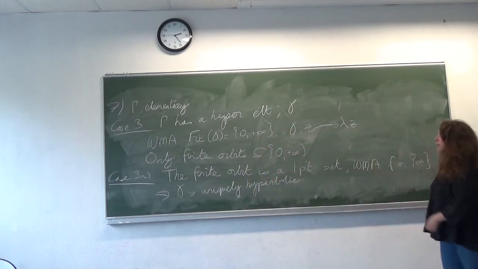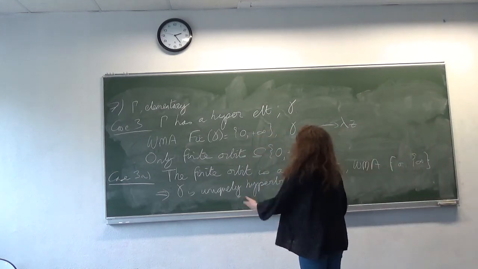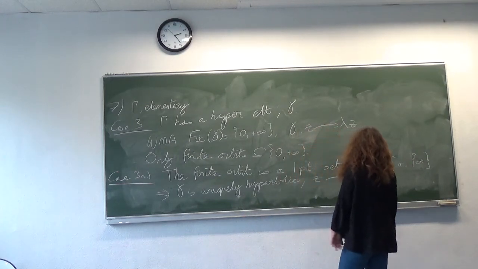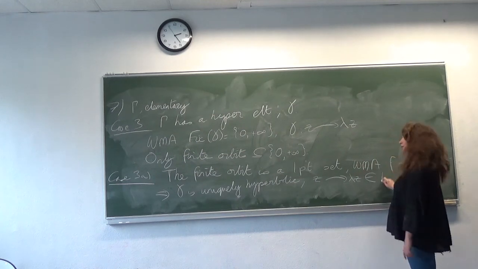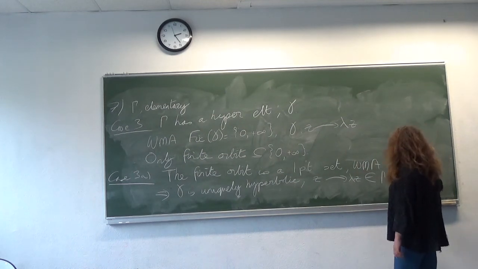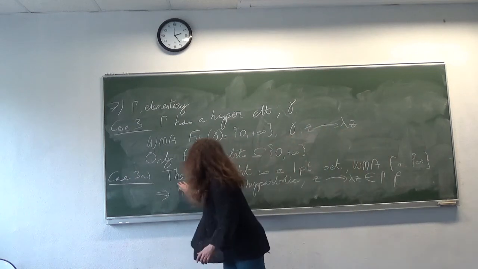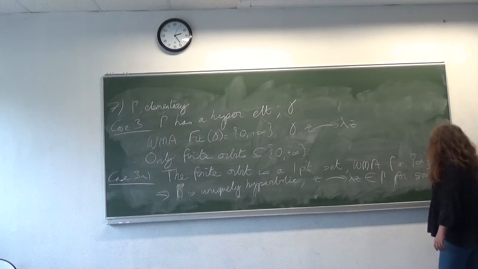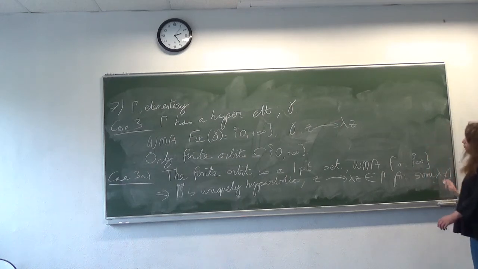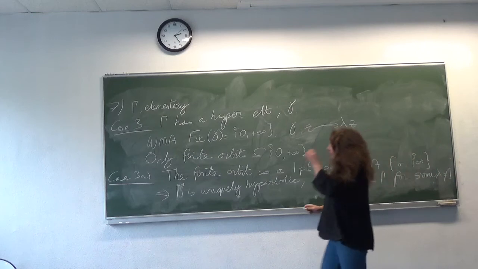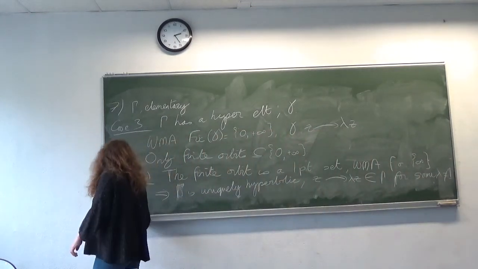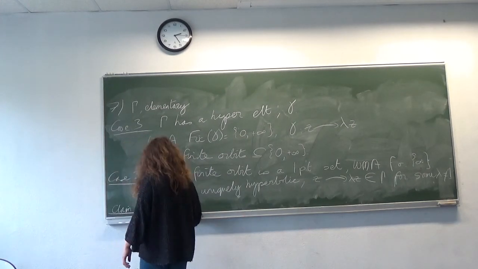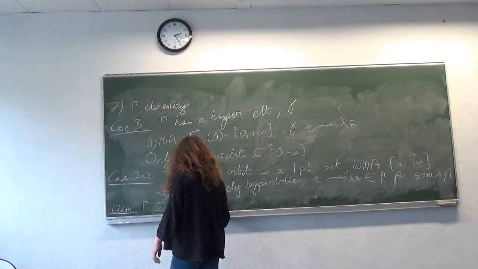Okay, so I claim, and I'm assuming that z goes to lambda z is contained in big gamma for some lambda different from 1. And I claim that in that case, gamma is contained in the set of things of the form z goes to lambda times z.